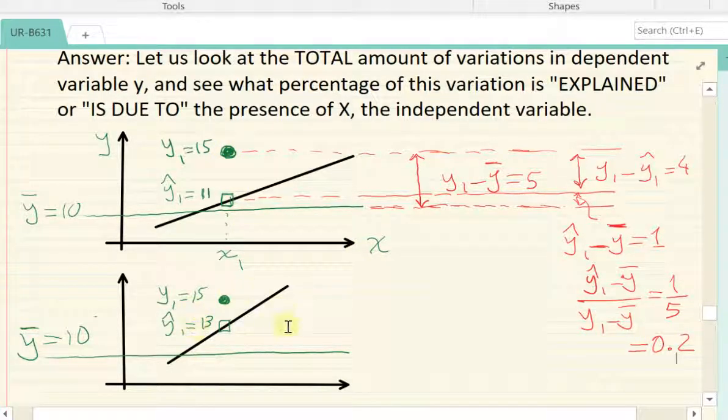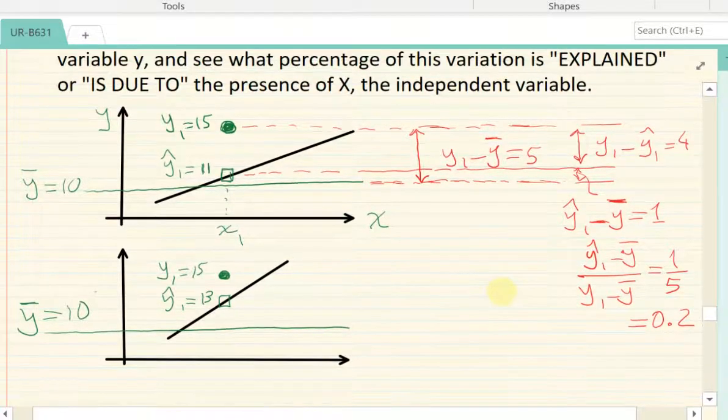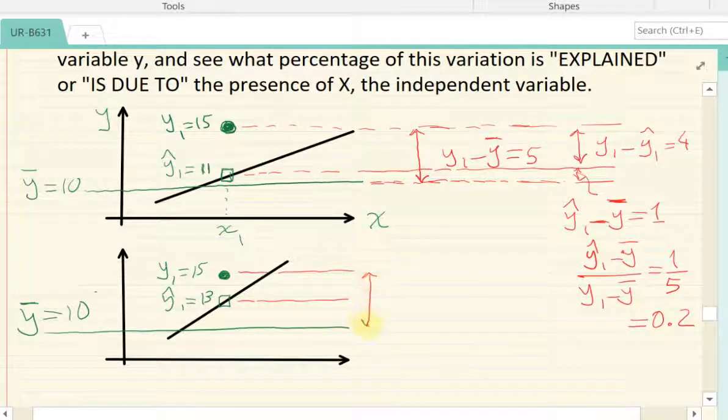Now for the second scatter diagram, which is a better regression fit for that observation, if I do the same thing, the total deviation is still 5, isn't it? That's not changing. What's changing is how close I'm getting to it from the regression line.